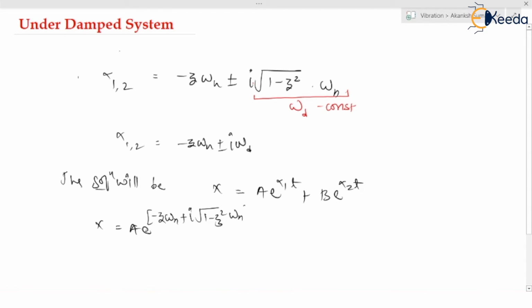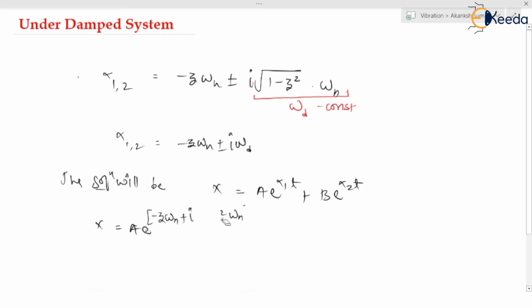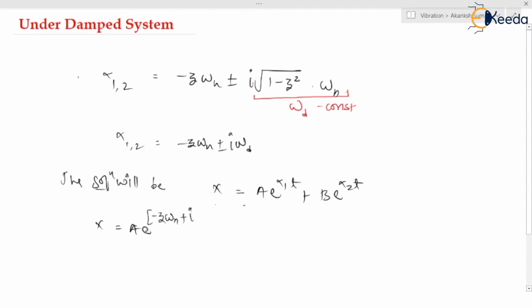You need not write this whole term, you just have to write it as omega d. This is iota omega d multiplied by t. Plus, similarly, you just have to put the value of alpha 2: e to the power minus zeta omega n minus iota omega d multiplied by t.